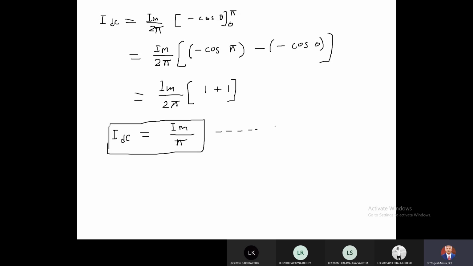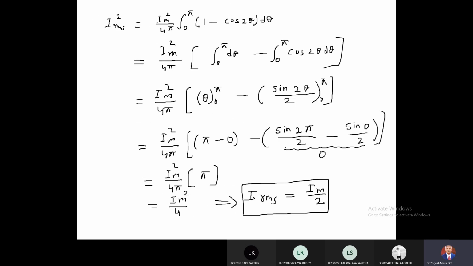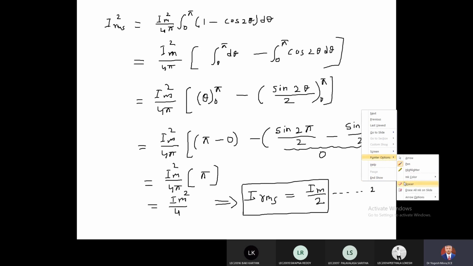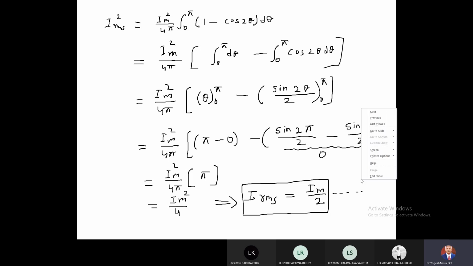I call it equation number 2. And in half wave rectifier, I_RMS is Im by 2. I call it equation number 1. Okay.